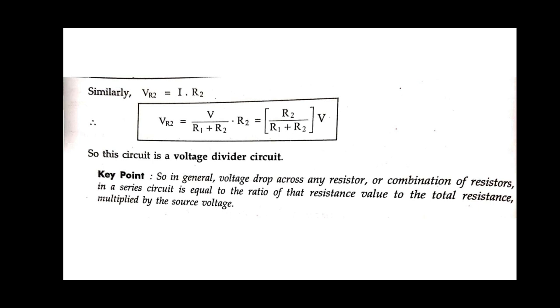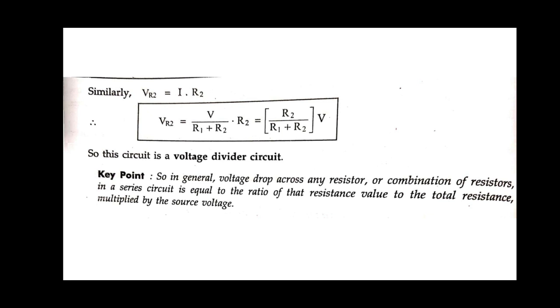Let us see the key point. In general, the voltage drop across any resistance or combination of resistors in a series circuit is equal to the ratio of that resistance value to the total resistance, multiplied by the source voltage.